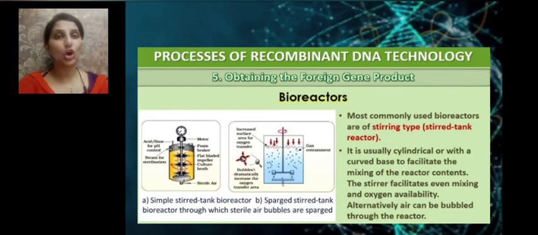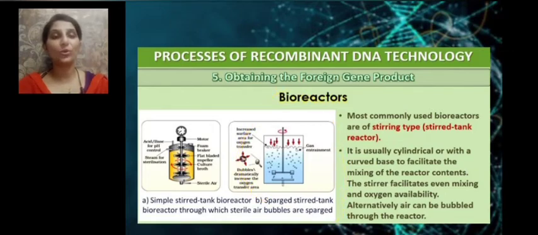The most commonly used bioreactor is the stirred tank reactor. There are two types of stirred tank reactor. They are the simple stirred tank reactor, and this is a sparged stirred tank reactor, through which sterile air bubbles are sparged.